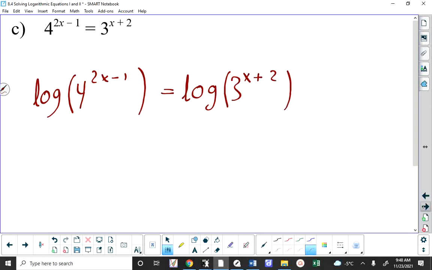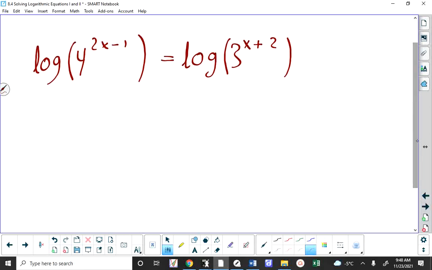Now, the power rule for logarithms says that if I take the exponent on the argument and multiply it by the logarithm of the base, that's the same thing. But the exponent of the argument is a binomial. If I just write that, I'll even make it more obvious as to the mistake.